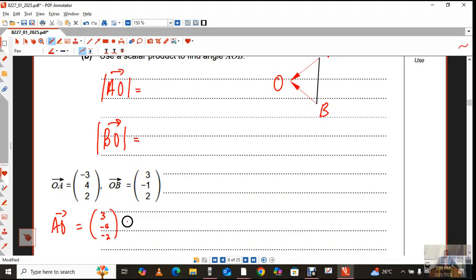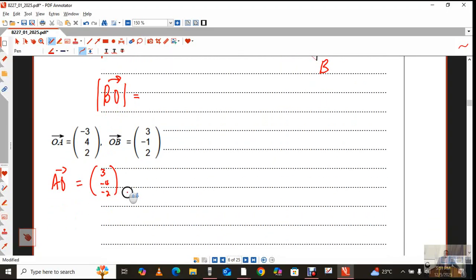It doesn't matter when I do the magnitude, but it will come in handy. So let's see, what is BO? BO, the direction is changing. So this positive 3 becomes a negative 3. This negative 1 becomes a positive 1. This positive 2 becomes a negative 2.